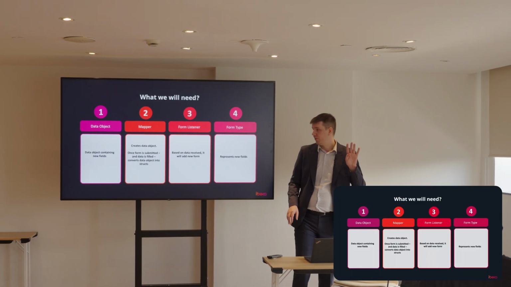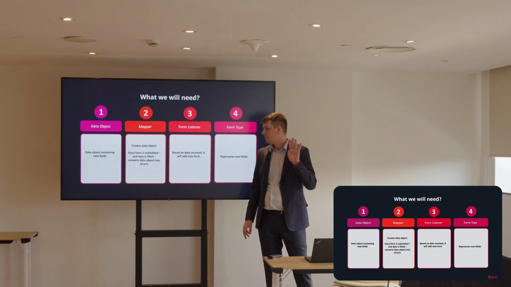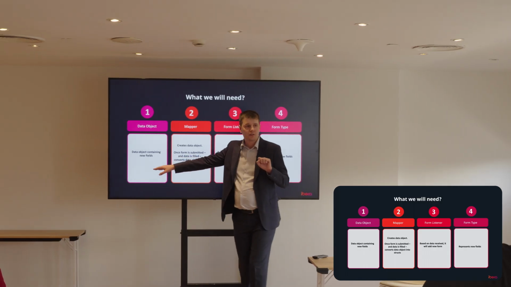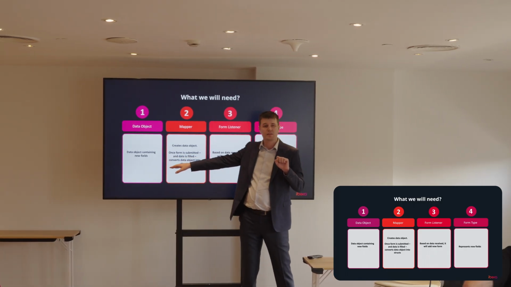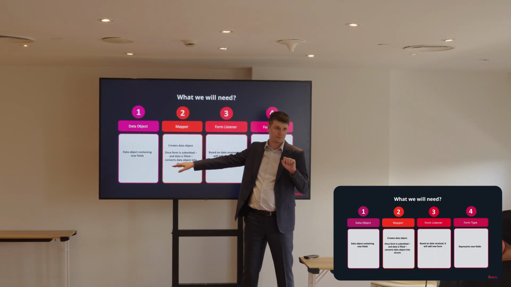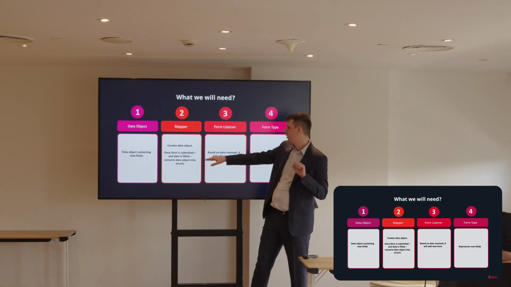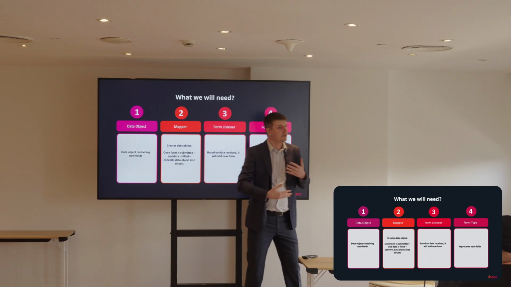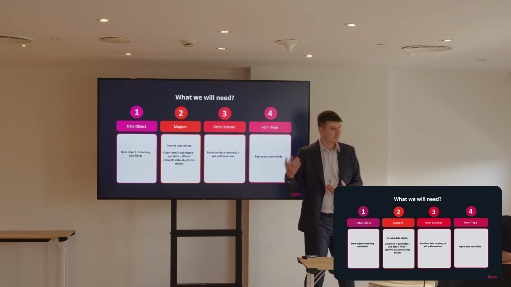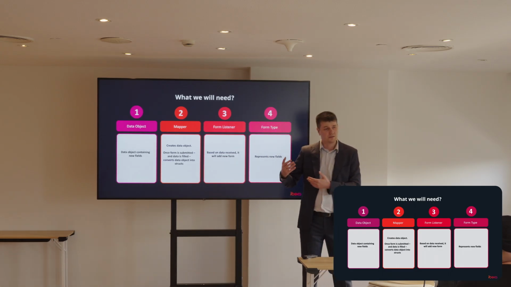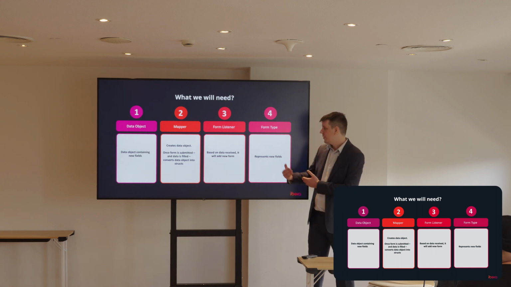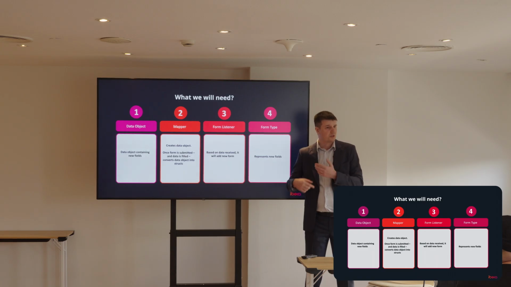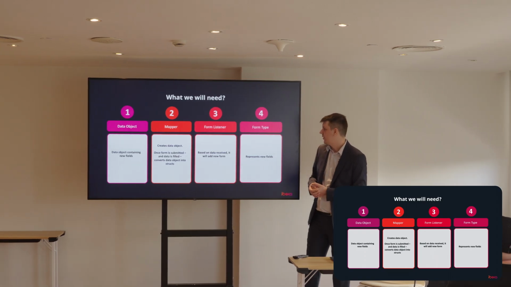We will need four things at the moment. We will need a dedicated data object that will contain the new field, because the current general properties doesn't have those. We will need a mapper which will tell exactly how to create this object. And just as I've shown you before, the same mapper will also be responsible for converting that data back into structures that the discount service will understand.